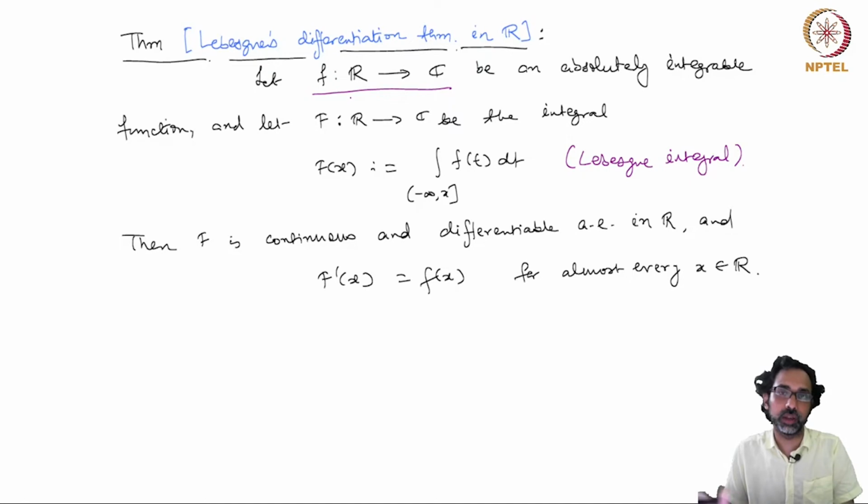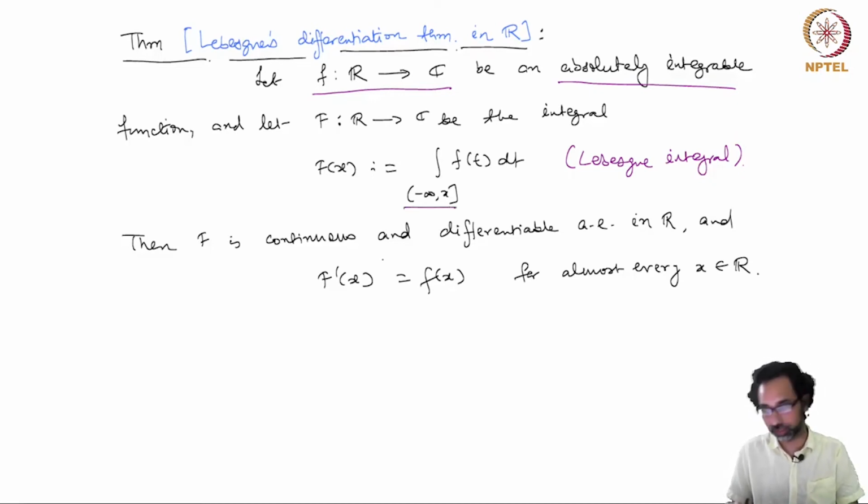So we are free to choose unbounded domains, and so we choose a complex valued measurable function, which is absolutely integrable over R. And now we define this capital F function as before, which is the integral of f(t) over the interval minus infinity to x. And this is now a Lebesgue integral.